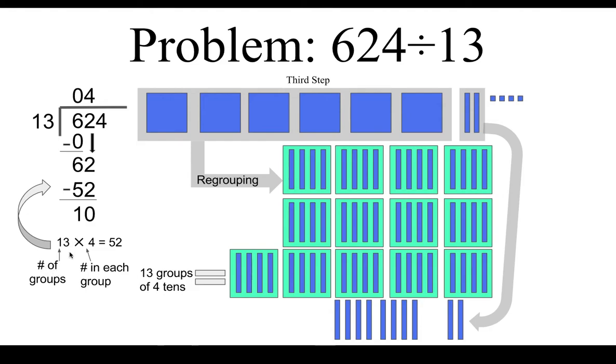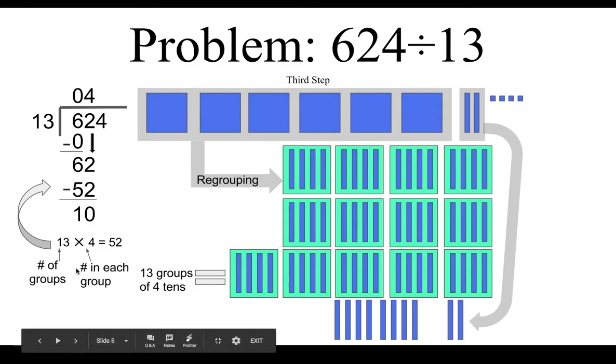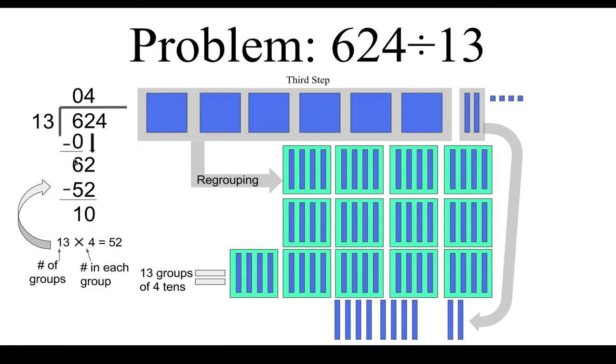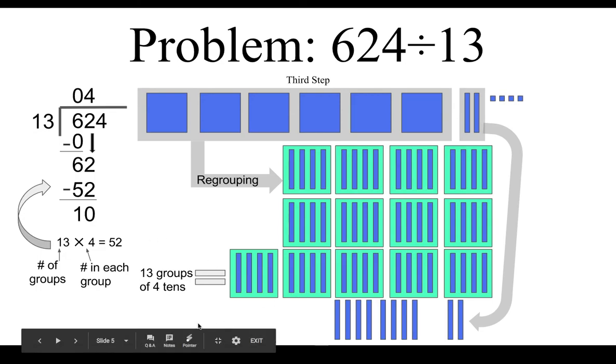So you would get 13, which is the number of groups, times 4, which is the number in each group, is equal to 52 10s. So you could do 62 10s minus 52 10s, and you get 10 10s, which is the remaining 10s. And the 10 10s are the leftover that couldn't be put into the 13 groups.